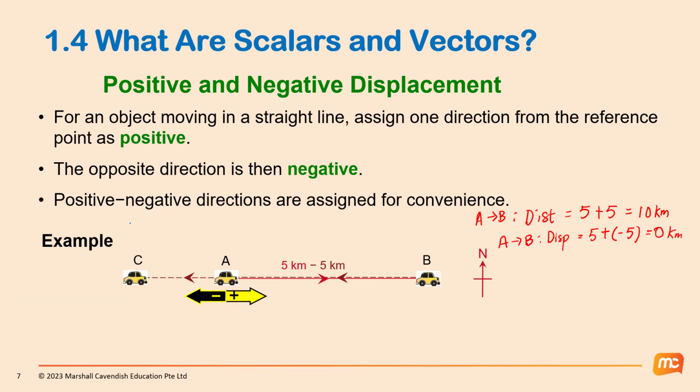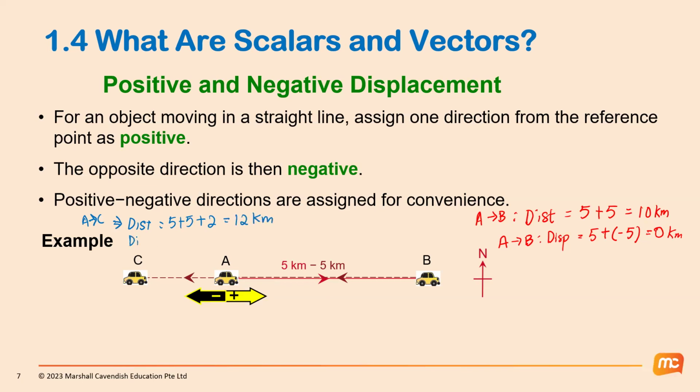My distance covered from A to C would have been 5 plus 5 plus another 2 kilometers. I don't care that it's moving backwards, because for distance, the direction doesn't matter. So I would have covered 12 kilometers.